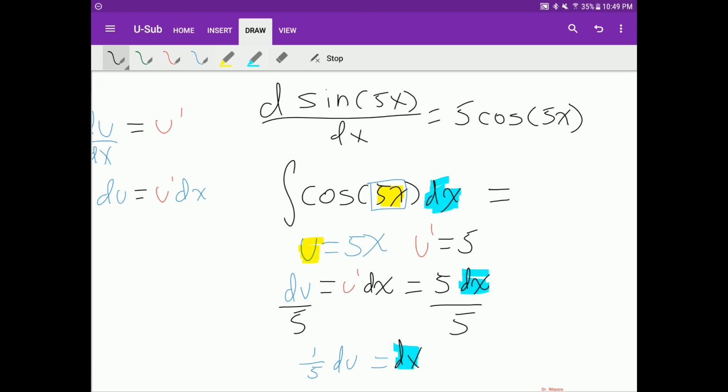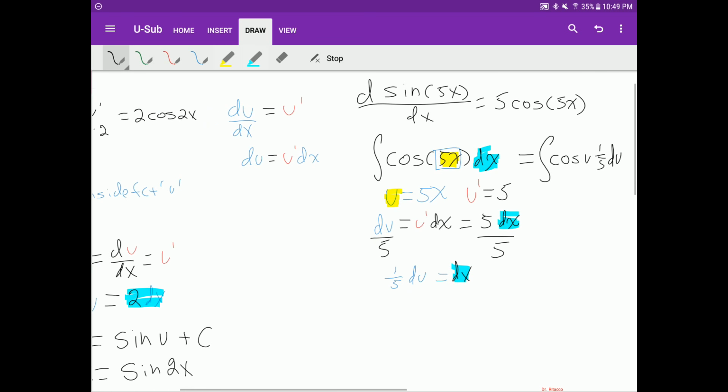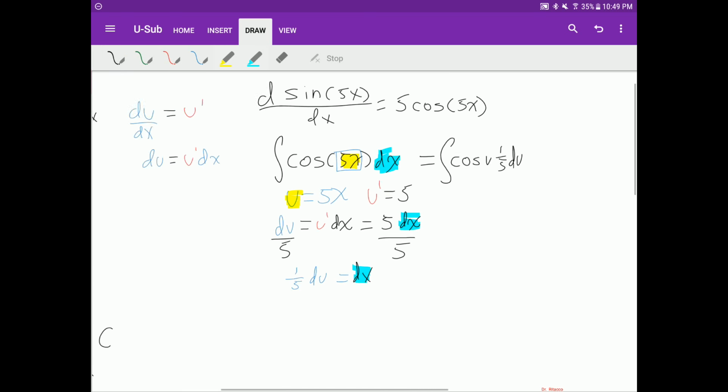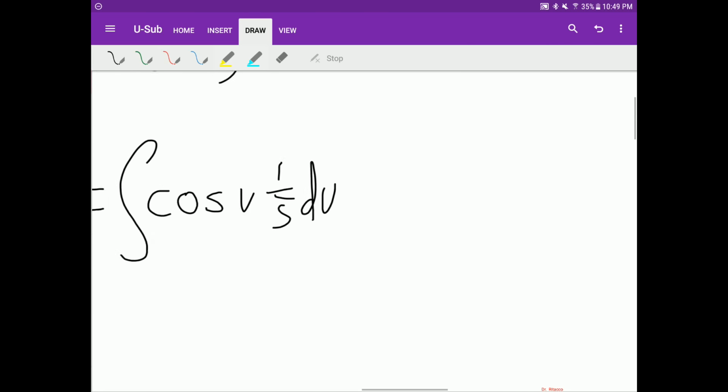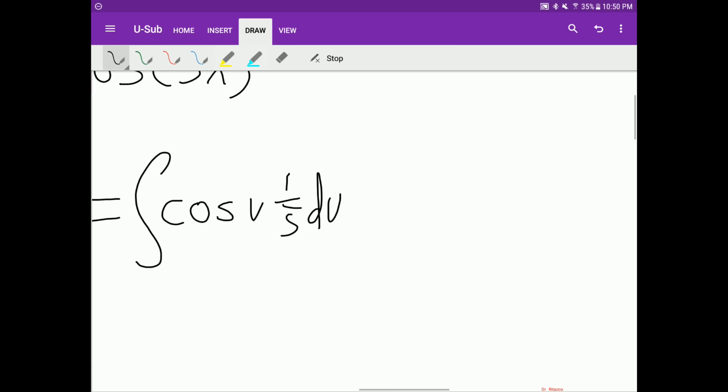So now I'm going to be able to substitute 1/5 du into my substitution. Now I'm looking at the integral of cosine u times 1/5 du. Now I use my properties of integrals.